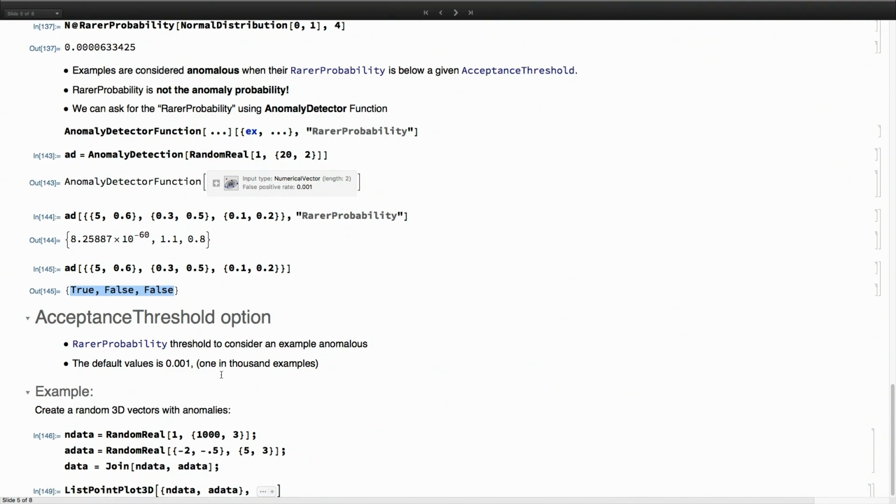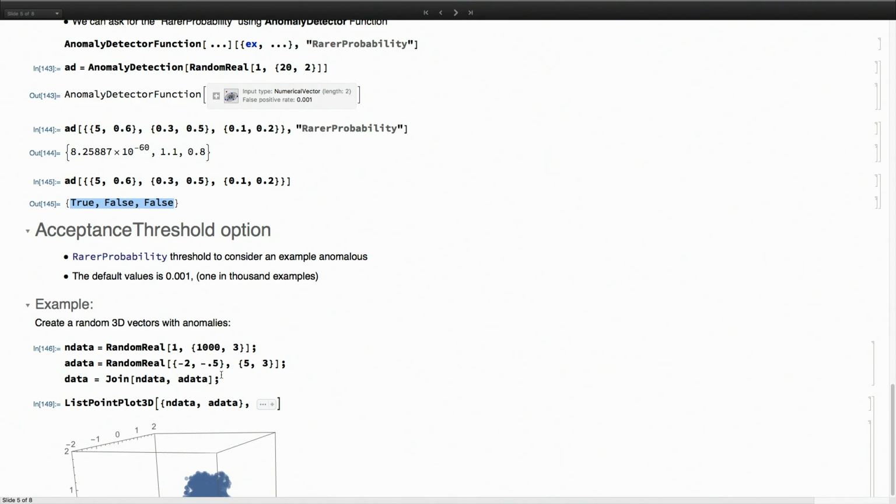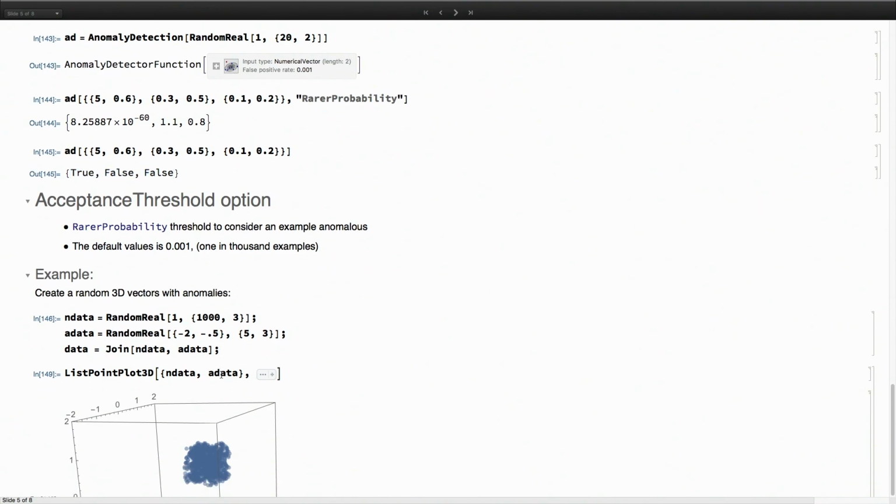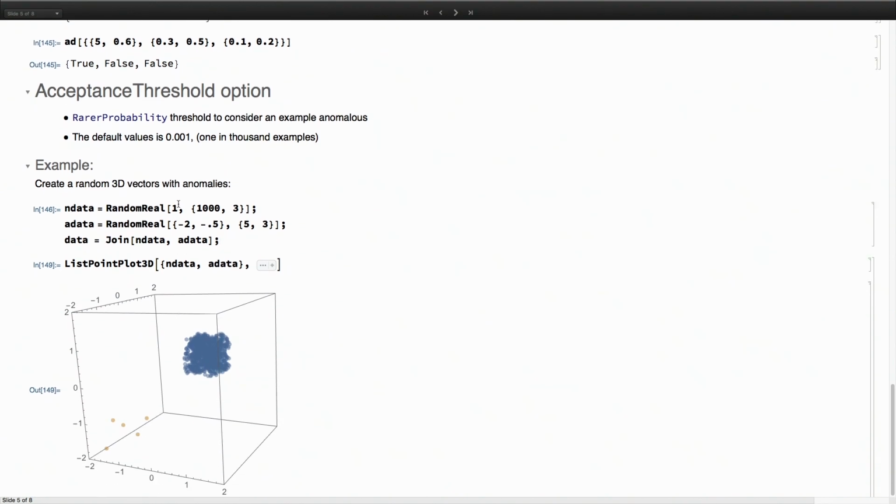The default, if you don't specify it, is 1 in 1,000. But let's take a look at this acceptance threshold. We create a random 3D vector of anomalies, just a few of them with negative values, and the majority of the data is random real numbers between 0 and 1.